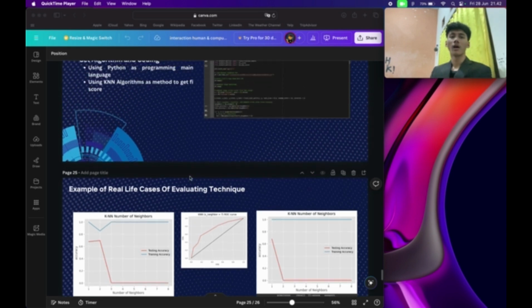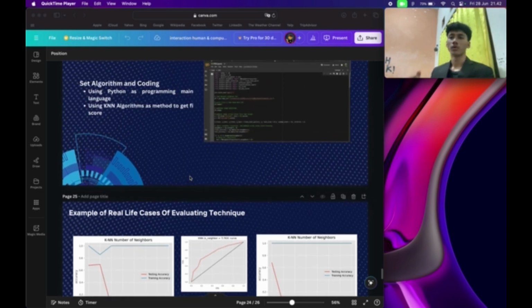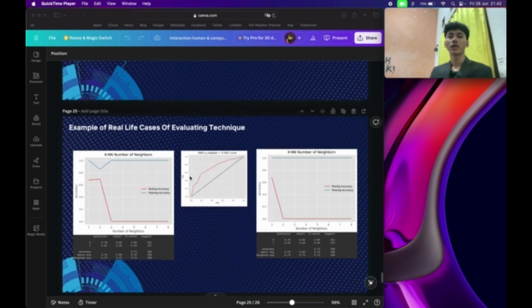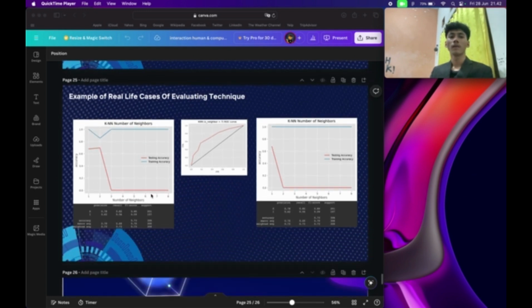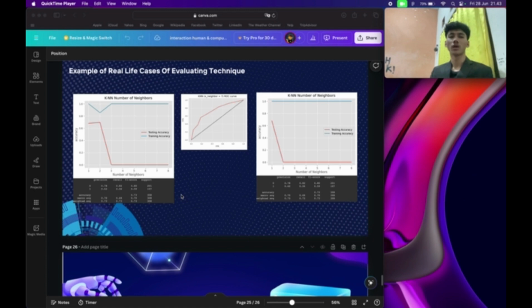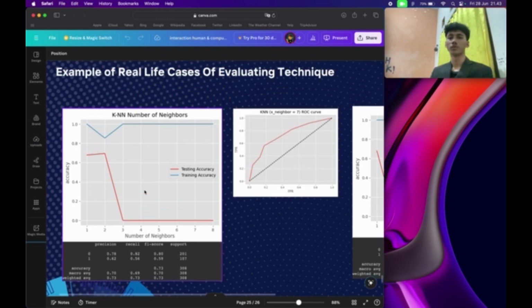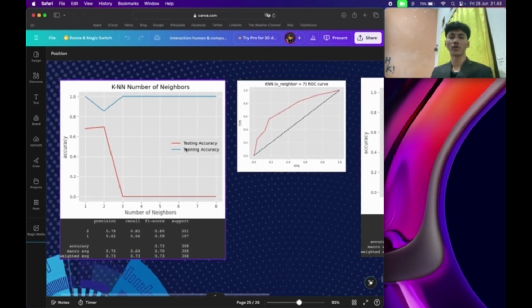Okay, after we code and set the algorithm for cleansing the data, we get the result in graphical form. We have testing accuracy and training accuracy. This is the graph.